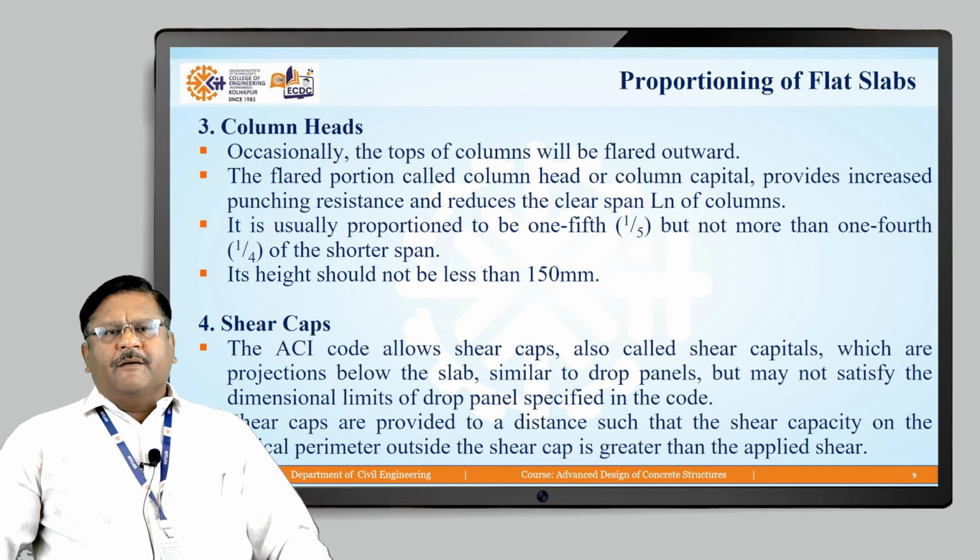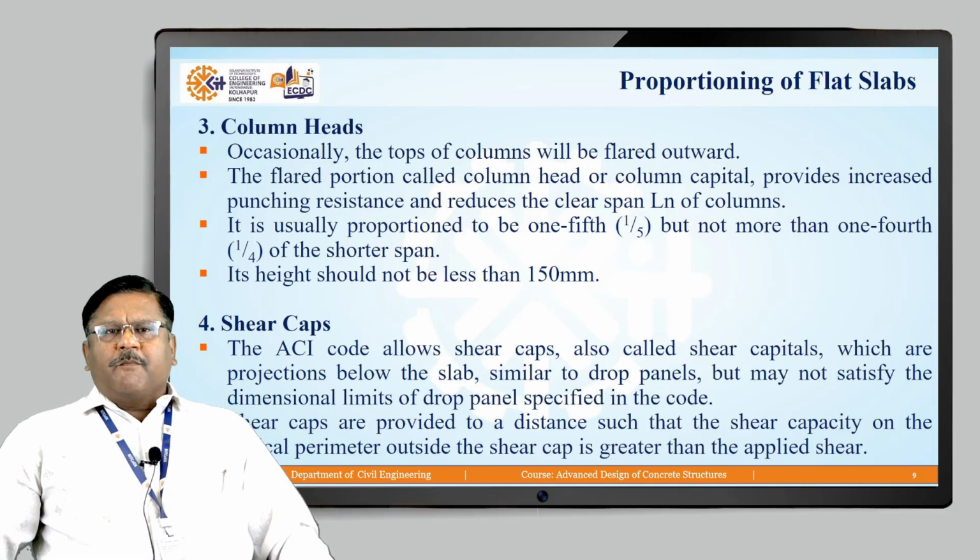Next is column head. Occasionally the top of the column will be flared outwards. The flared portion of column is called column head or column cap. It is provided to increase the punching resistance and reduce the clear span of the slab.